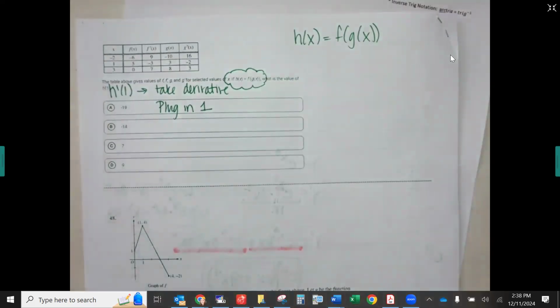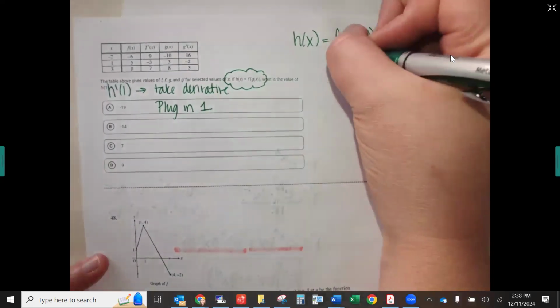When you take the derivative of H, look at the function. Is this product rule, chain rule, or quotient rule? Products or chain? Chain is correct. Here's why. It's not f of x times g of x. The g is inside the f. So this is a chain rule question.